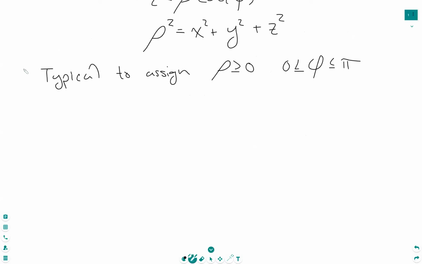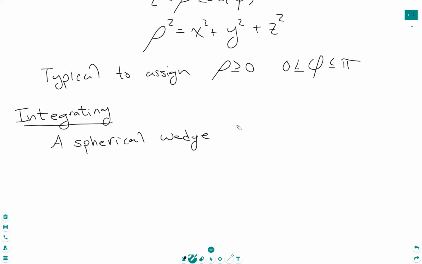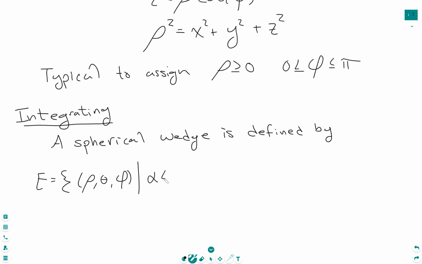Okay, so integrating. A spherical wedge is defined by a rho, theta, and phi triplet where all three are bounded by constants.